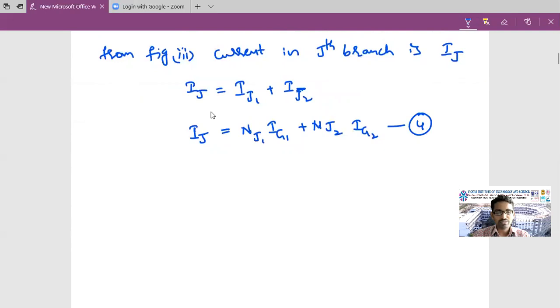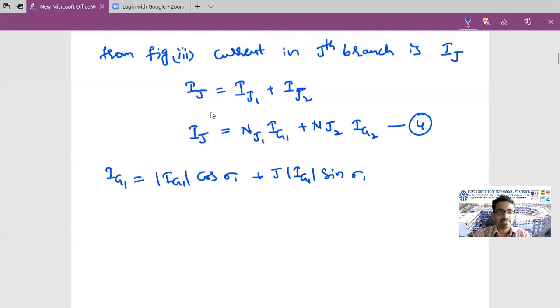By assuming that, I can write the equation of Ig1 in A plus jB form: magnitude of Ig1 cos sigma 1 plus j magnitude of Ig1 sine sigma 1, like A cos theta plus jB sin theta.